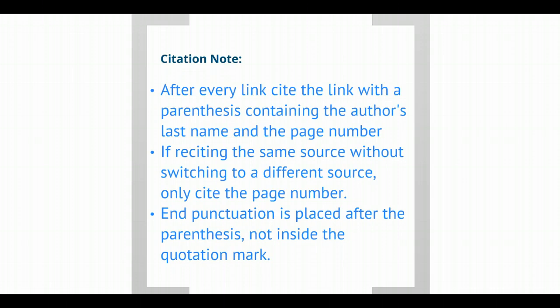If you're reciting the same source without switching to a different source, so you've already cited the story once, and within that same paragraph, or within that same essay, you're reciting that story, but you haven't introduced any new sources yet, then you only need the page number. If you cited the story, but you cited a different source before going back to the story, then you'll need to re-put the author's name with the page number.